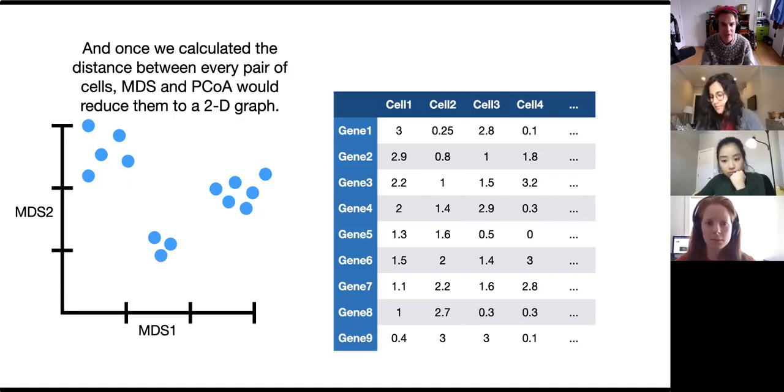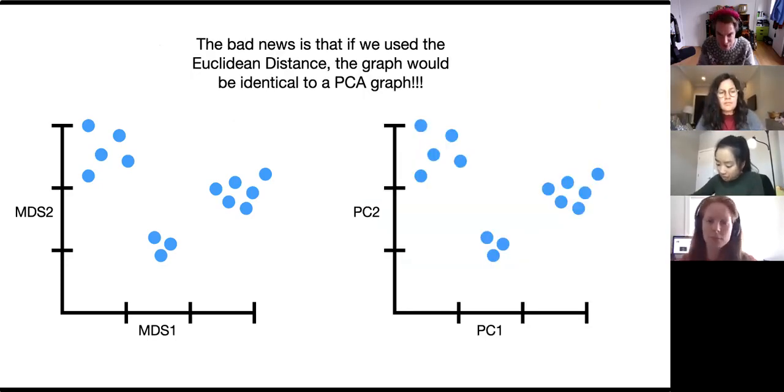Once we've calculated the distance between every pair of cells, MDS and PCoA would reduce all those distances to a two-dimensional graph. The bad news is that if we use the Euclidean distance, the graph would be identical to PCA. So we've done PCA three different ways.